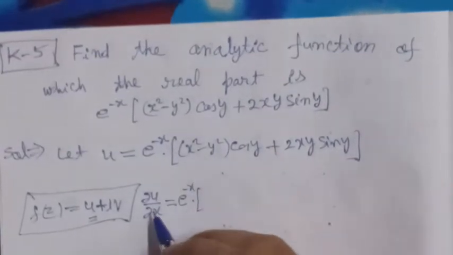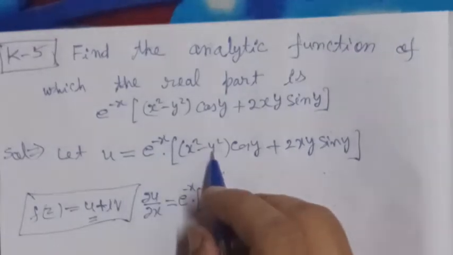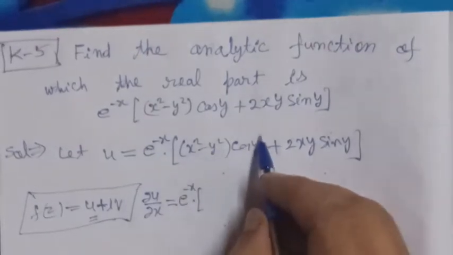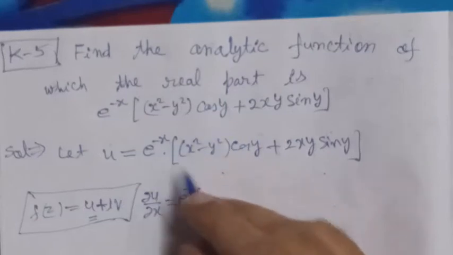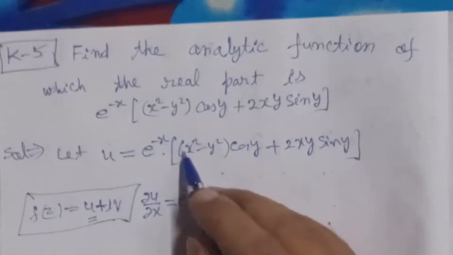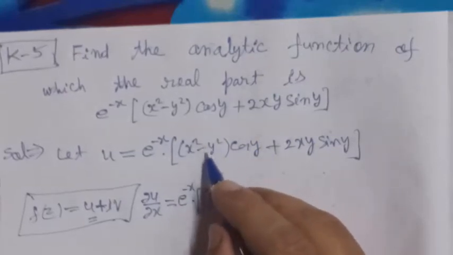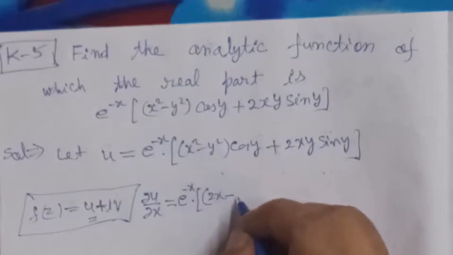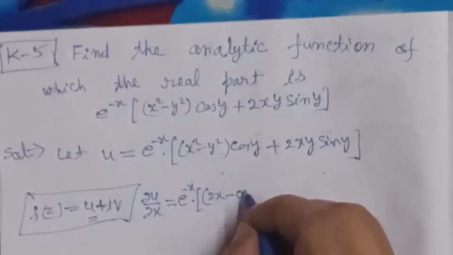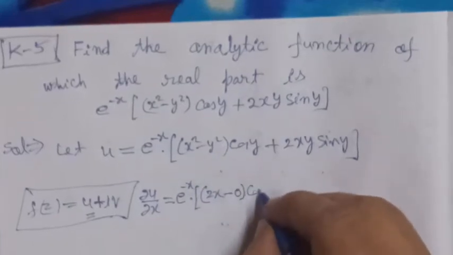Because we differentiate partially with respect to x, y is constant. When we differentiate this function with respect to x, we get 2x, because y is constant, so its derivative is 0, multiplied by cos y.